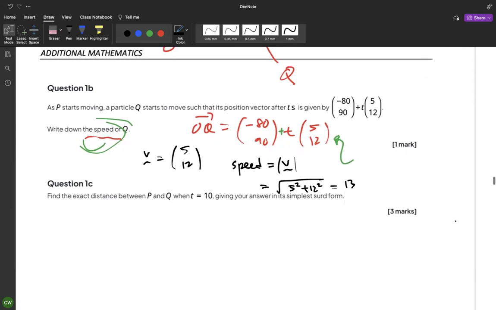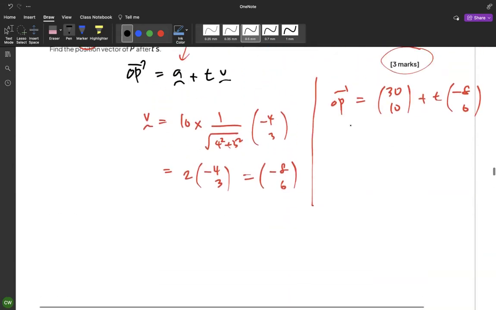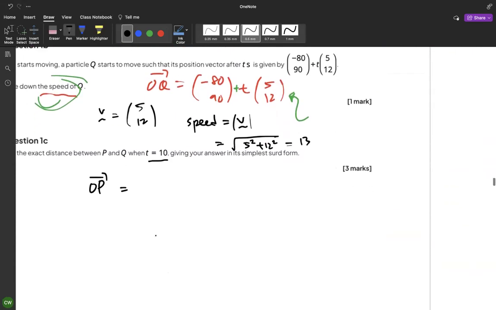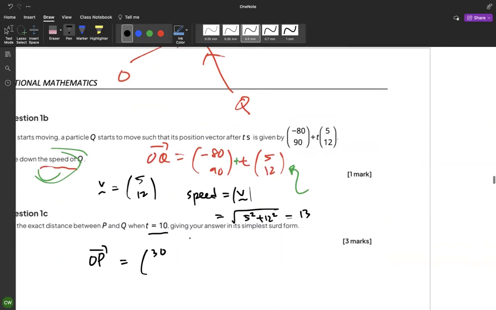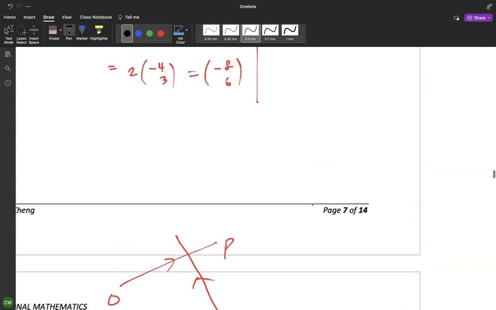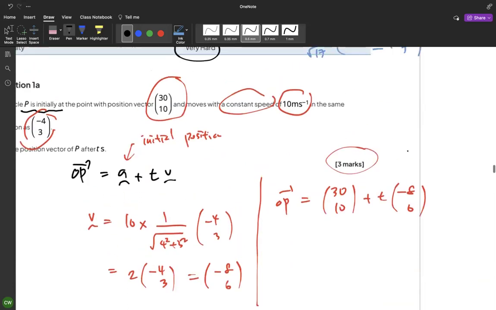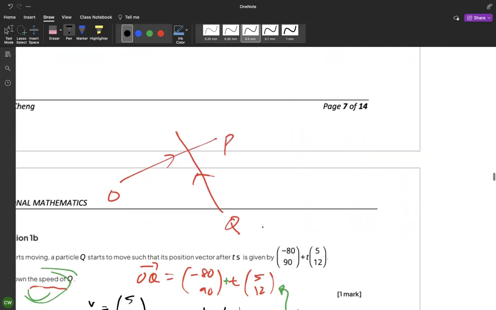Okay, the exact distance between P and Q when t equals 10. So you need to find the value. This is based on t equals 10, so you need to find OP. The equation for OP is 30, 10 plus t times minus 8 and 6.